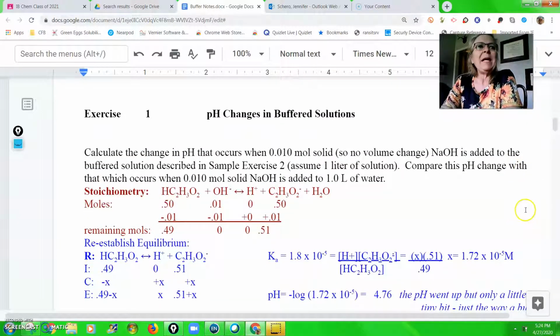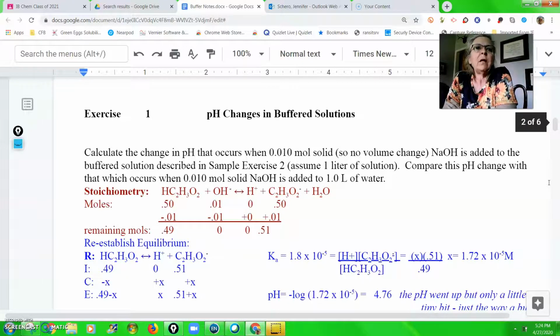What about if we add a strong acid or a strong base into it? So let's take a look at what if we add a strong base like NaOH into this weak acid, conjugate base buffer system. The first thing we have to do, in red, is complete the stoichiometry.